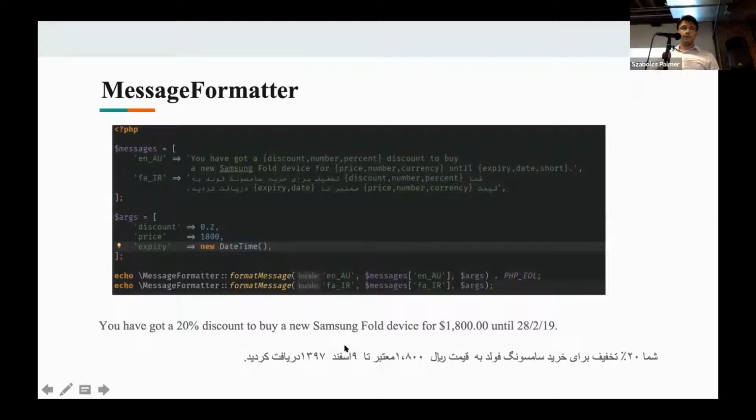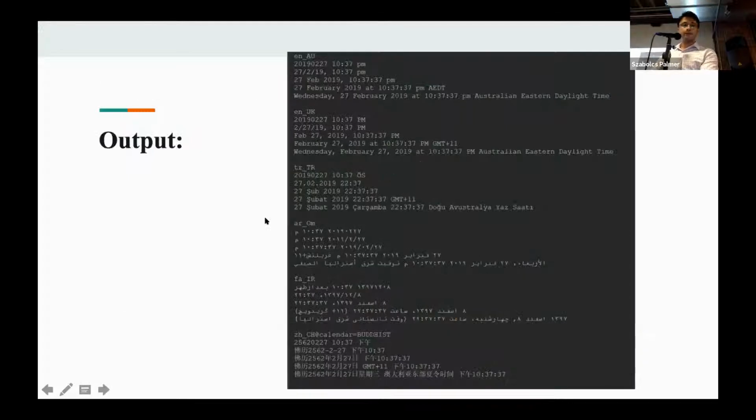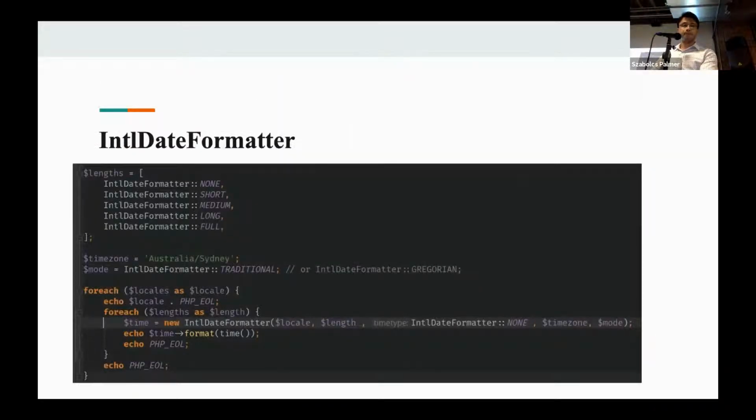So how can we use this one? Sorry, this message formatter. Okay, its documentation is a little bit tricky, but here is the explanation. The main function here is the Intl date formatter. It accepts 4 parameters: the locale itself, the length, and the third parameter is the Intl date locale formatter, I set that to none here.